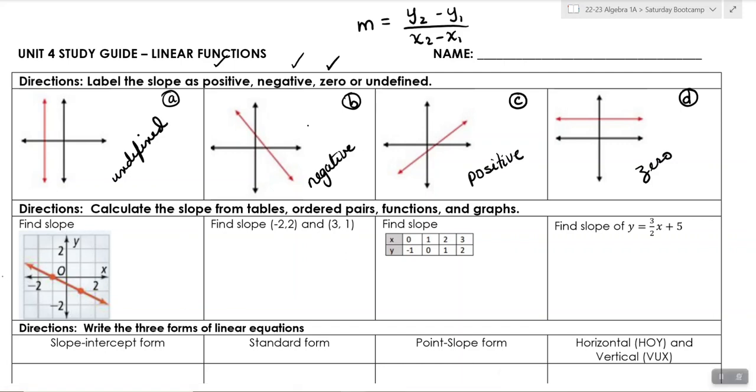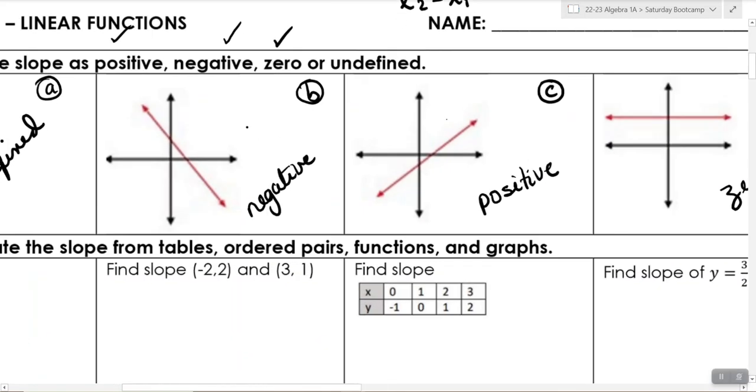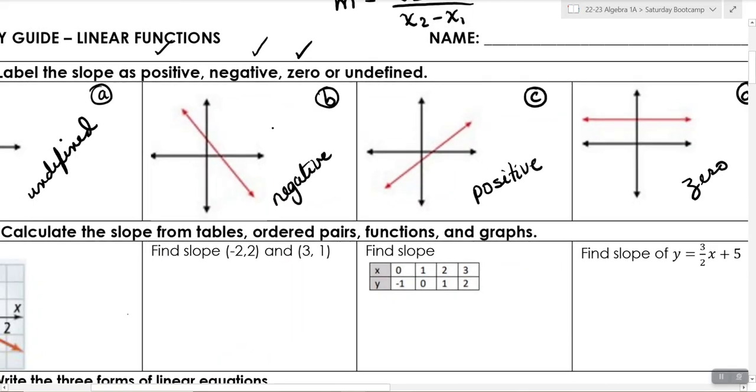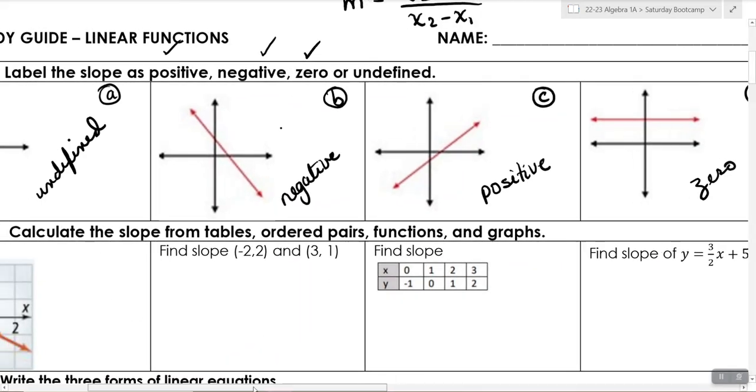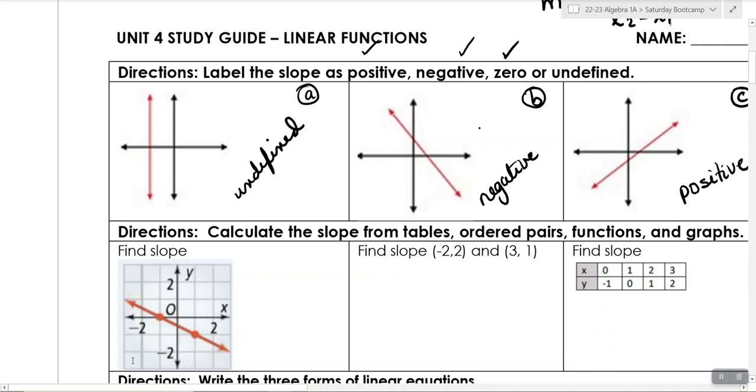All right, so for example, if I give you a graph and I say find the slope, there's multiple ways that you can do this. You can also just count the boxes, right? Because you can clearly see this is a negative slope, which means we're going to be looking at a drop and a run, correct?